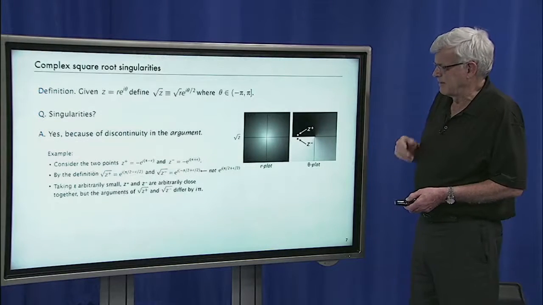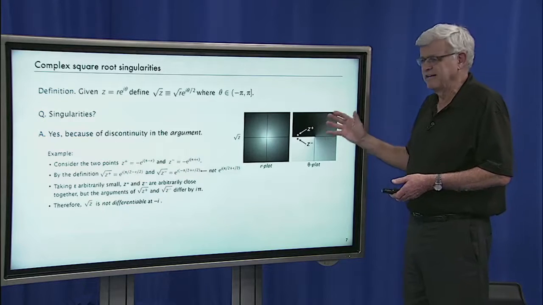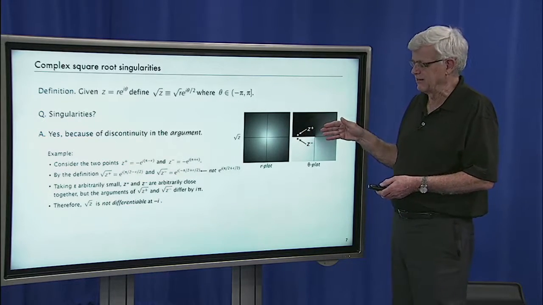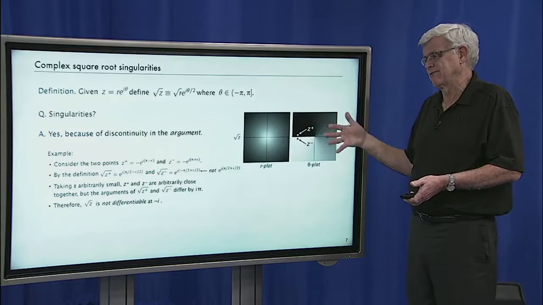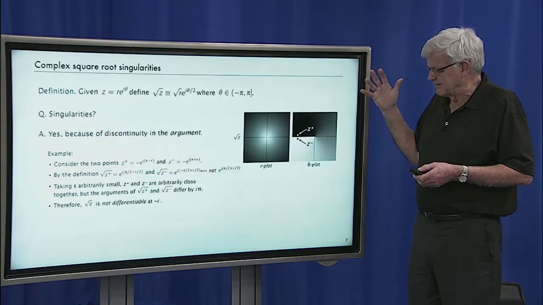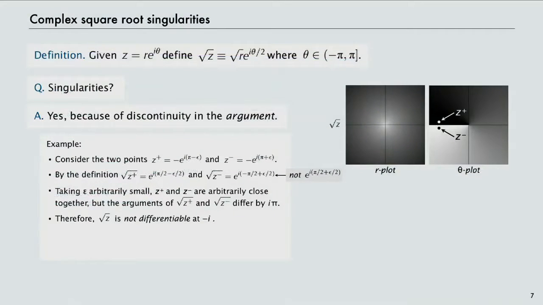So that means that the function values don't get close together when the points get close together. And if you go back and look at the definition of differentiability, that means that it's not going to be differentiable. And not differentiable means it's not analytic. It means it's a singularity.